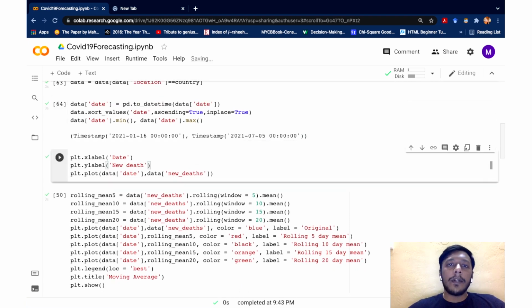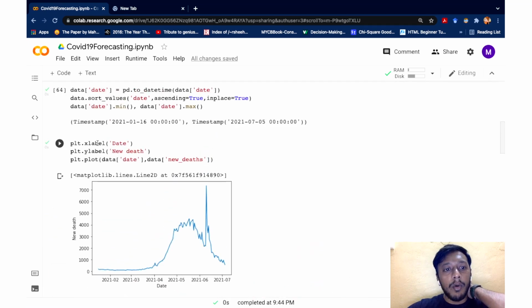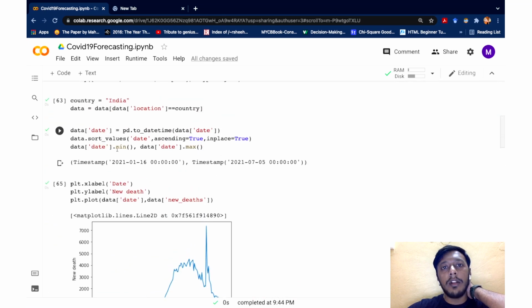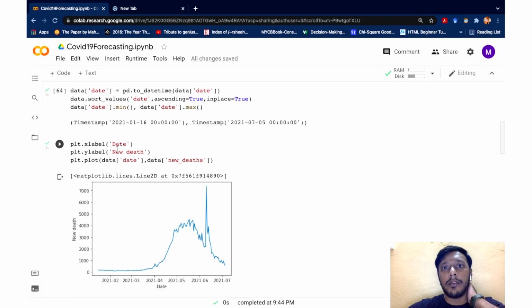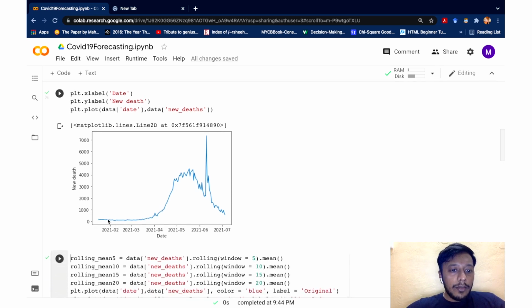Let's first have a look at how the data is spread across. I am using only new deaths of all the columns, so from here onwards the column of focus is new deaths on a daily basis. We could see that the new deaths were minimal at the start of the year, and then surged crazily around May.